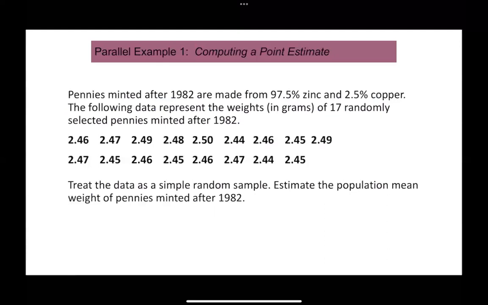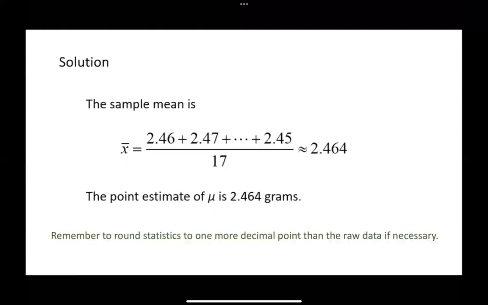So our point estimate is just going to be the average of all of these numbers. I'm not going to make you do it. I feel that you probably can. So we just take all of those data values and add them together and then divide it by 17, which is the number of pennies in our sample. So our point estimate, our X bar here, is 2.464 grams. So that's the average of that sample.